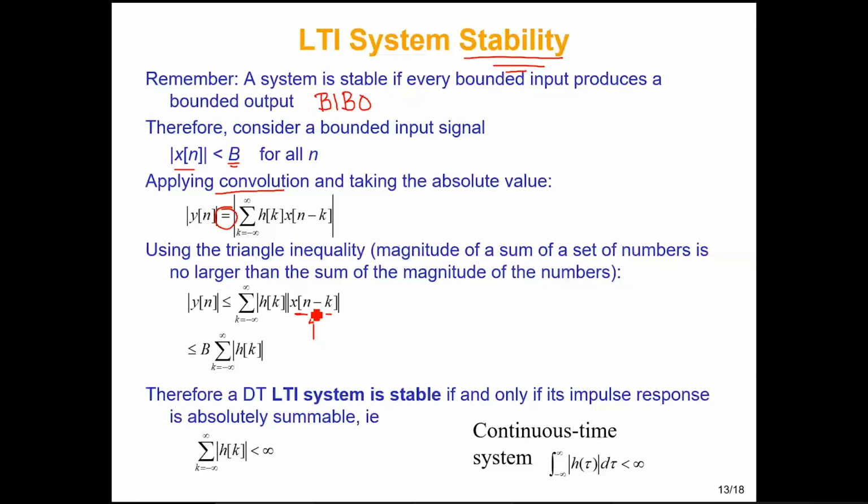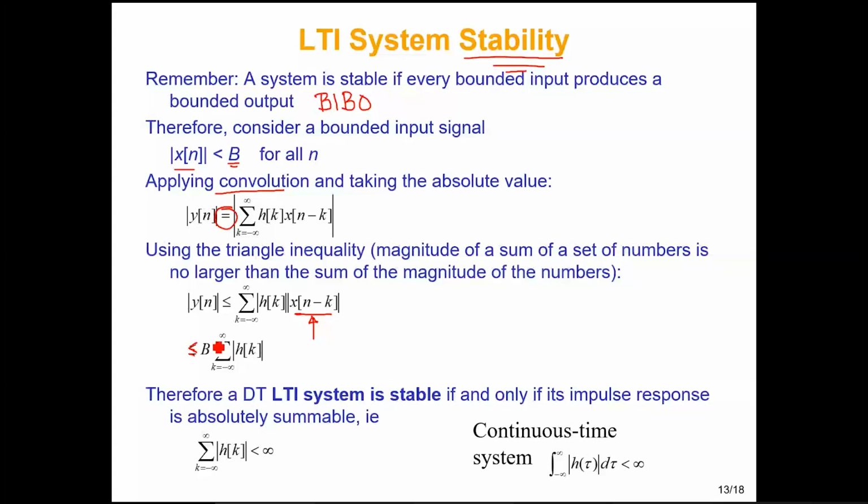So we can replace it by B, and we have the same greater than or equal to sign here, because practically x can have any value but never exceeding B. If we replace it by a constant B, we can take that constant outside the summation, and we end up getting the product B multiplied by the sum of all h of k from k equal to minus infinity to infinity.